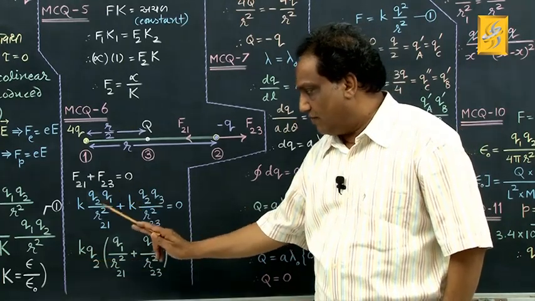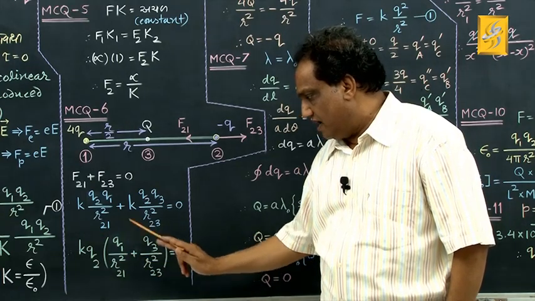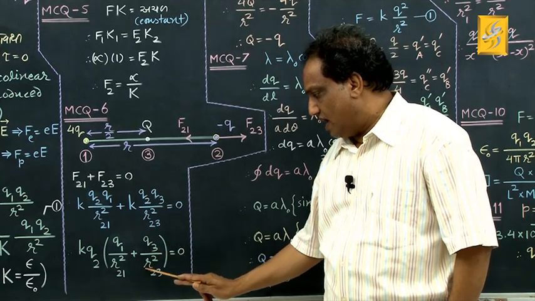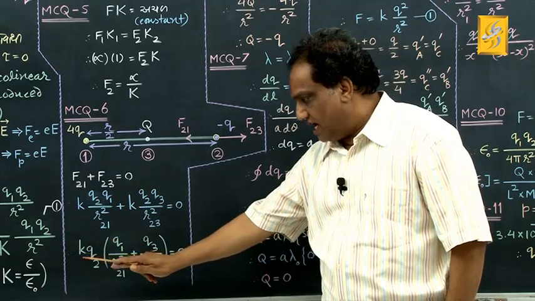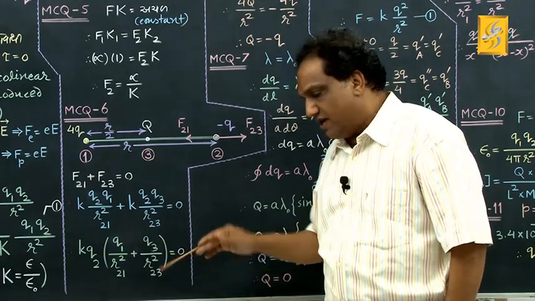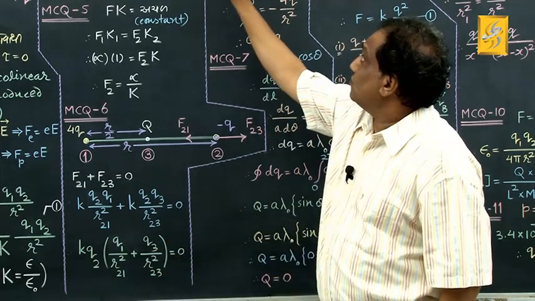Inside the bracket, Q1 upon R21 square plus Q3 upon R23 square, that should be 0. Transfer K into Q2 to the right hand side, 0 upon anything will be 0.